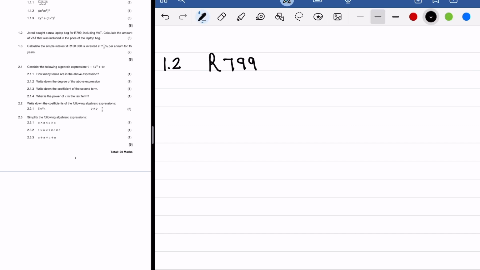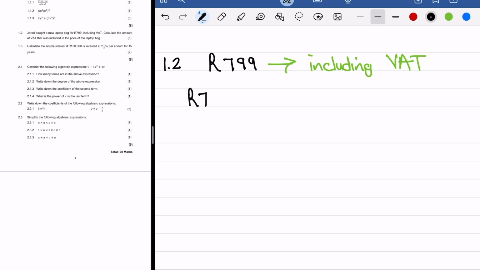And we know that if we have a VAT inclusive amount, and we want to know what was the amount excluding VAT, in other words, this is including VAT, I can then perform a calculation to get the amount excluding VAT.